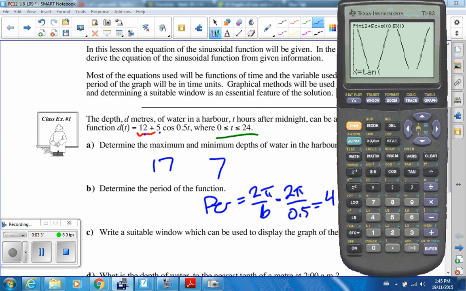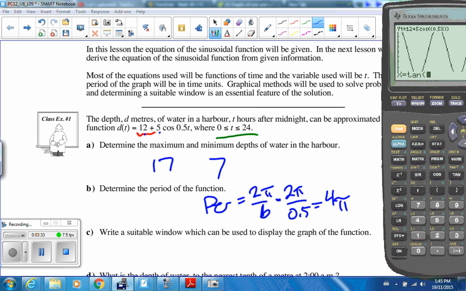A little bit mixed up there with where I was going with it. Anyway, a suitable window is just going to be x between 0 and 24. And assuming I've got these values, I can even go a little bit outside of there. Yeah, there's my window settings.